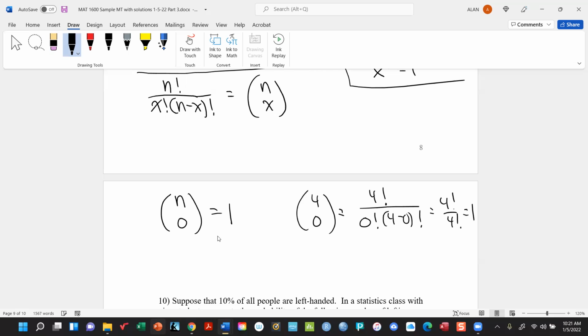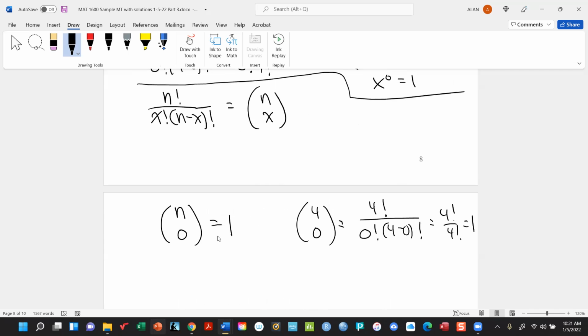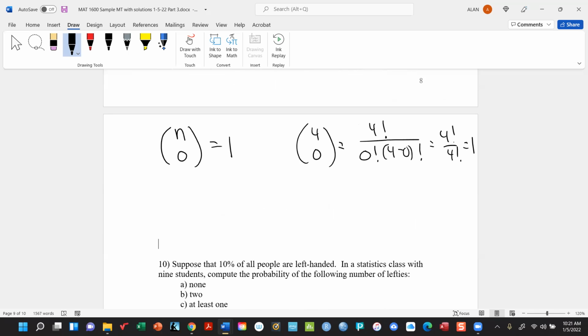So anytime x is equal to 0, the number of combinations is just 1. No matter what the numbers are, like here, we're being asked to choose no objects from 4. So the number of ways of doing that is just 1.